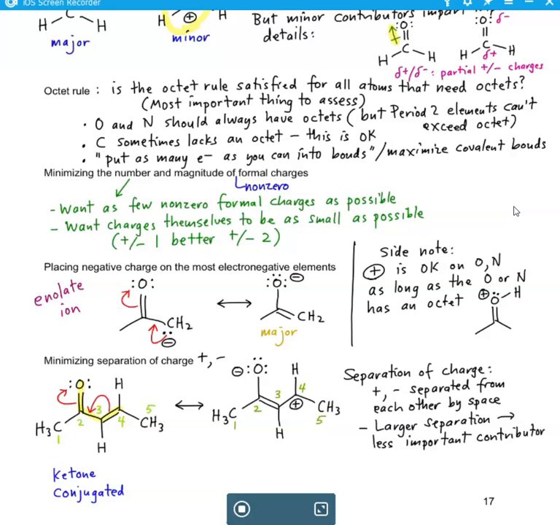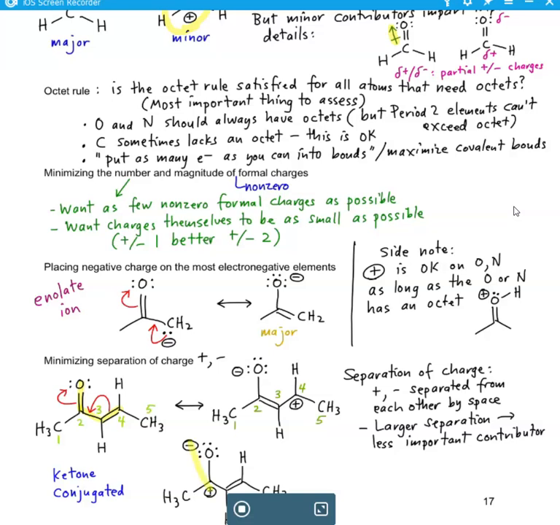Let's compare this structure that we just drew to another one that we could have drawn. So in the original structure on the left, we have a ketone. Now we could have done what we did in formaldehyde. So leaving everything else alone, we could have simply moved a pair of electrons out of the carbonyl double bond onto the oxygen, and that would give us this structure here.